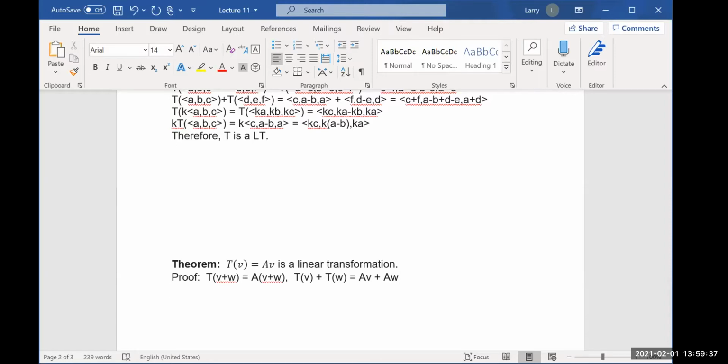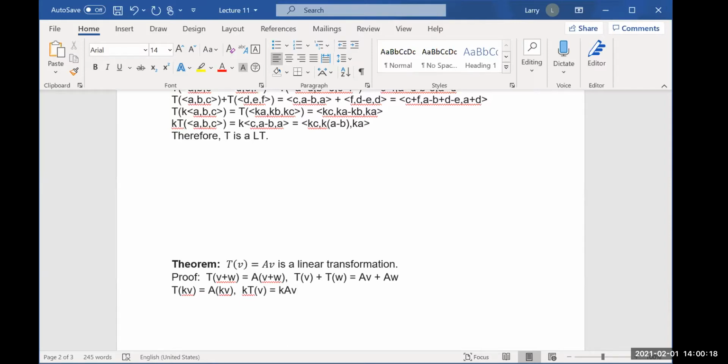And then the second one is T of KV equals A times KV. And K times T of V is equal to K times AV. Are those equal? Yes, that was a property of matrices. You can pull constants out. Do you remember that? Okay, so that's the proof.